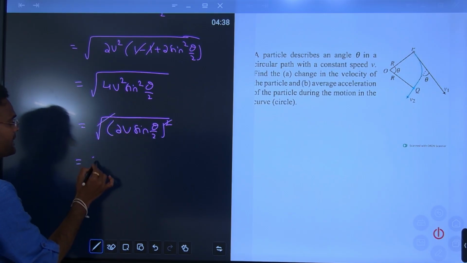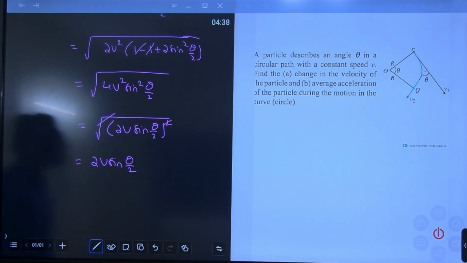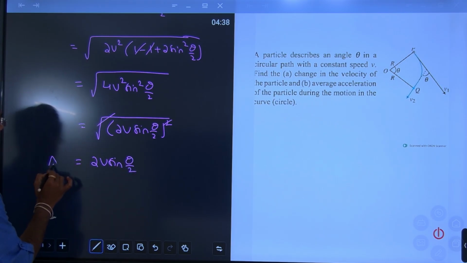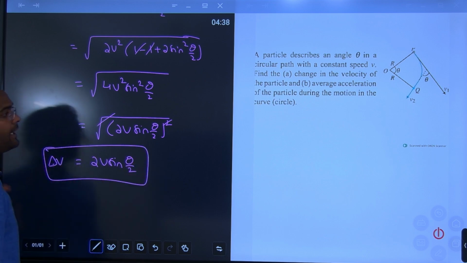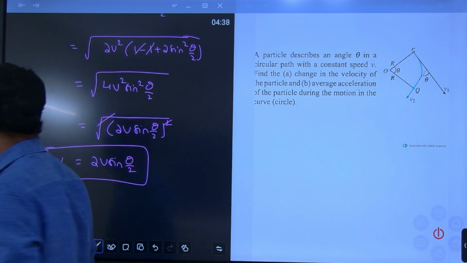The root and square cancel, so delta v equals 2v sin theta by 2. This is the change in velocity. Got my point?